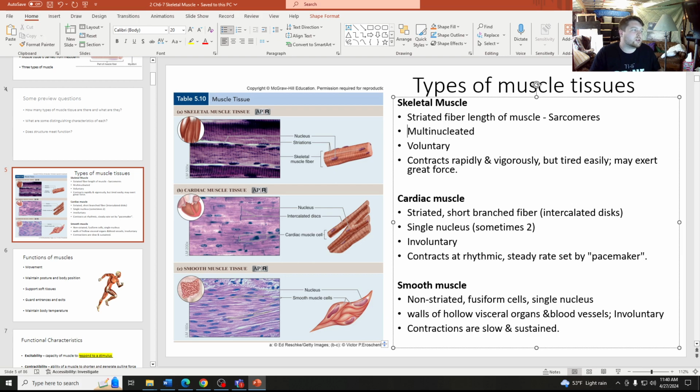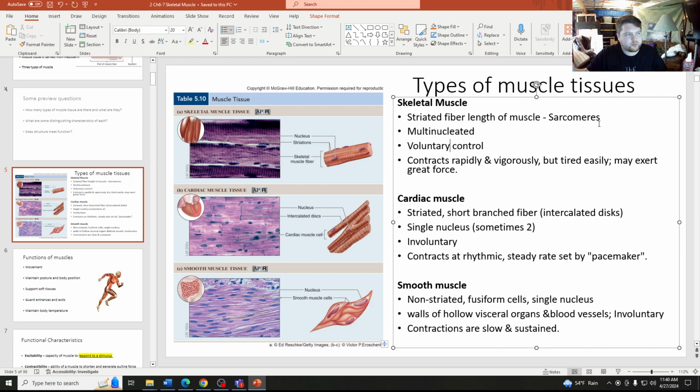They are multinucleated, which means they have multiple nuclei per muscle cell. And these are under voluntary control. This means that we have movement control of our skeletal muscles. We can stop and think, okay, how do I want this to move, and we can move it accordingly. They contract rapidly and vigorously, so they're really quick to contract, but they can also tire very easily.